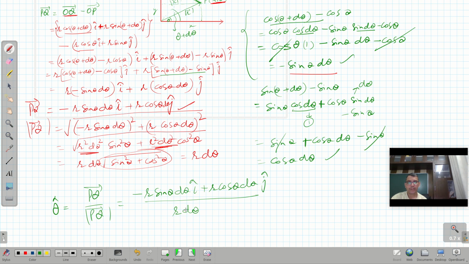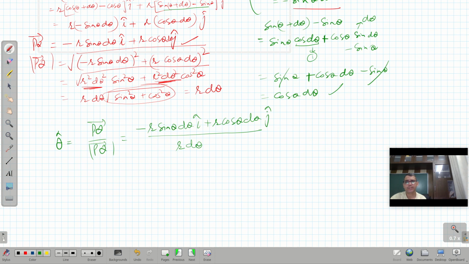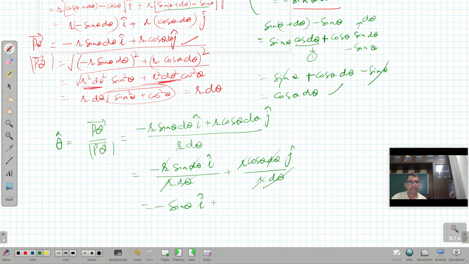So this r d theta will cancel. Let me do one more step to clarify things. It is minus r sine theta d theta I cap divided by r d theta plus r cos theta d theta j cap divided by r d theta. This cancels with this and this with this, similarly. So it is minus sine theta I cap plus cos theta j cap. So this can be written in this way.